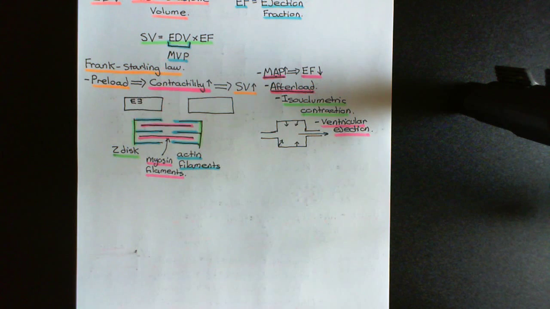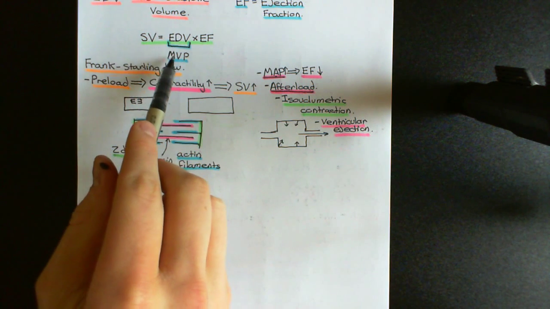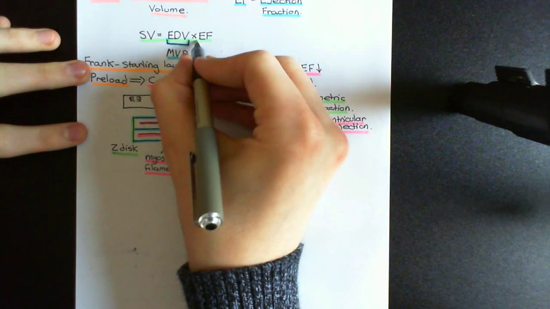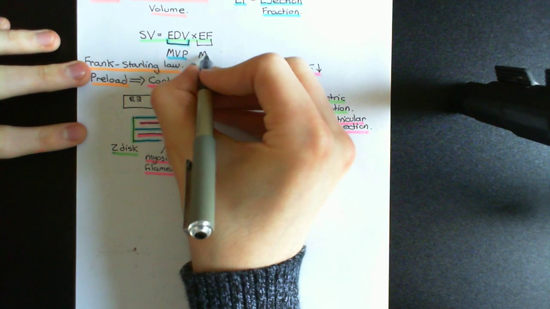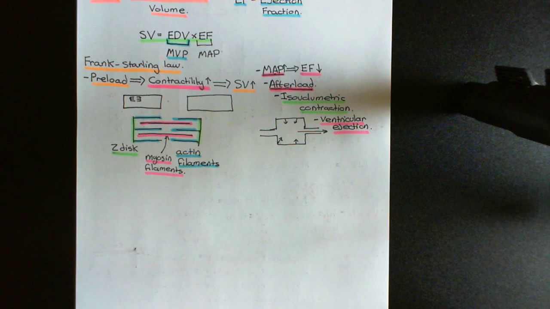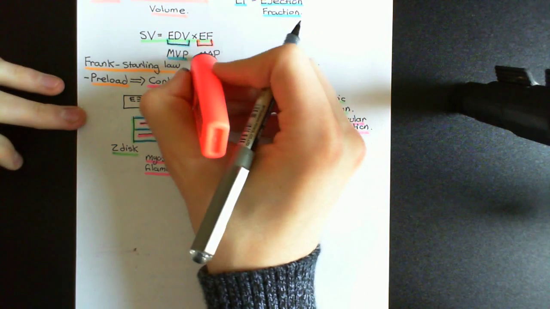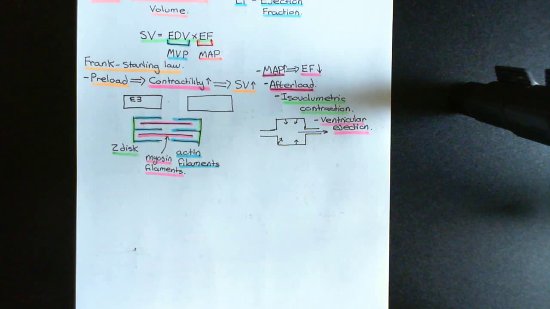So overall, the lesson from this is that stroke volume does depend on mean venous pressure and also on mean arterial pressure. So both of these influence stroke volume. If mean venous pressure goes down, that's going to reduce stroke volume, and if mean arterial pressure goes up, then that's going to reduce stroke volume.